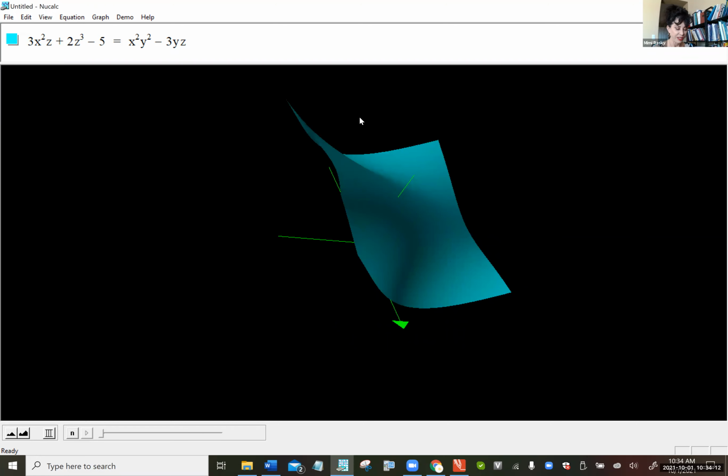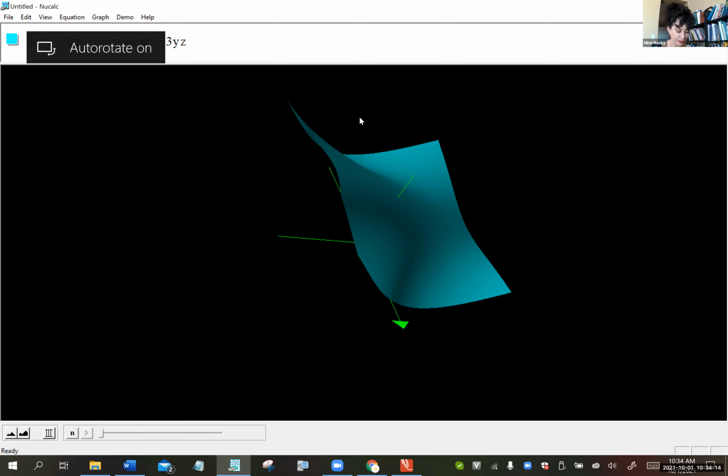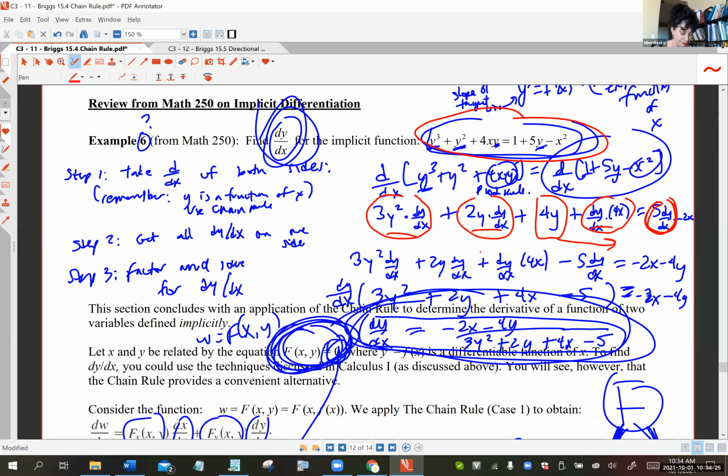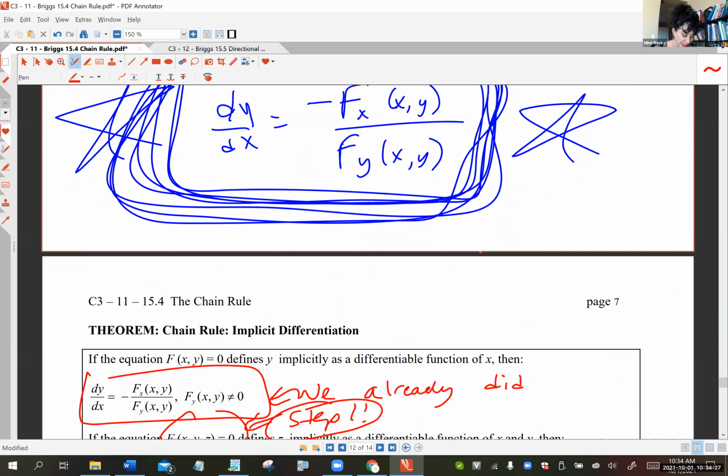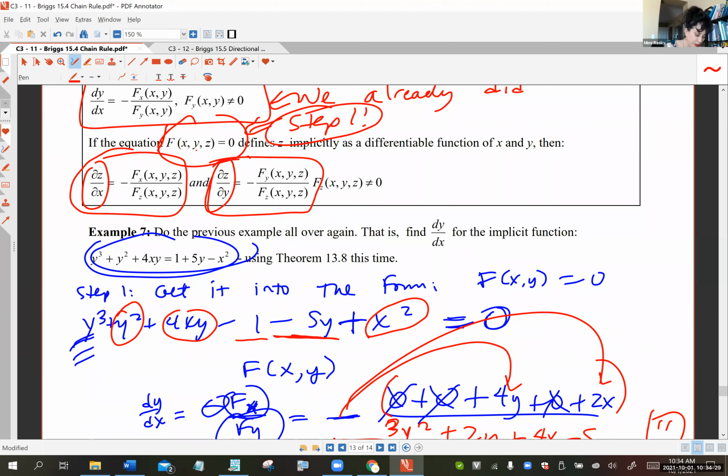So what if somebody said, hey, if this is a nice surface describing a mountain and you wanted to ski in the positive x direction, what's the slope? They're still wanting the slopes. Okay, fine. So let's use our theorem that allows us to figure out what those slopes are. But we've got to do step one. You've got to get everything on one side and 0 on the other.